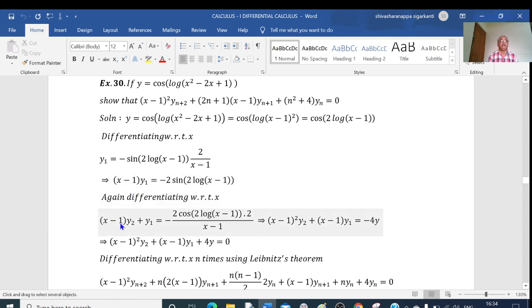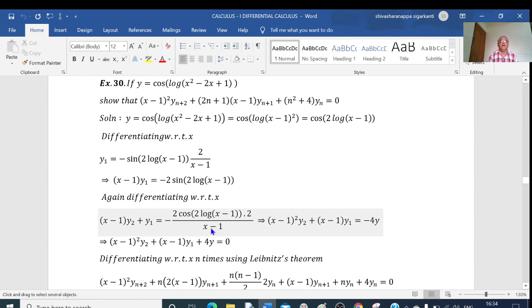First function (x minus 1) into derivative of y1 is y2, plus the second function y1 into derivative of x minus 1, which is 1. Right hand side: minus 2 as it is, derivative of sine is cos of 2 log (x minus 1) into derivative of 2 log (x minus 1), where 2 is a constant, and the derivative of log (x minus 1) is 1 by (x minus 1) into 1.